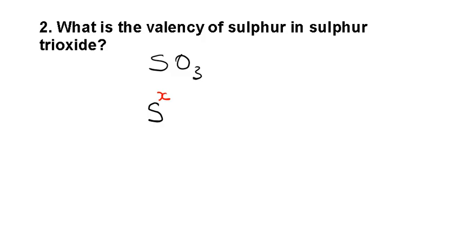So we use the crisscross method. The 2 goes to sulfur, while X goes to oxygen, so we have S2 O X. What value of X satisfies this equation?